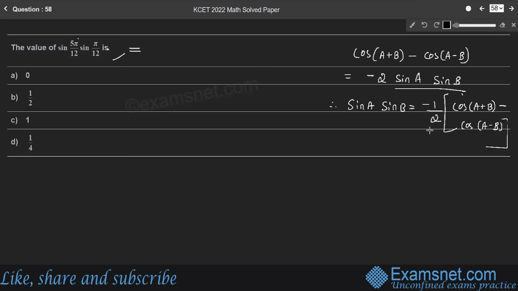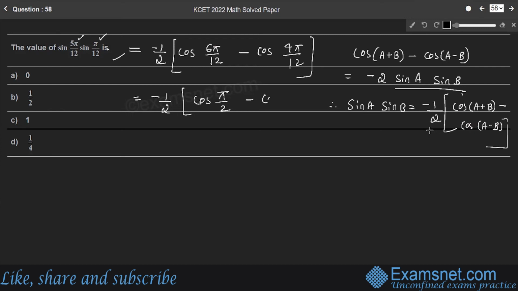Here A is 5 pi by 12 and B is pi by 12. So it is equal to minus 1 by 2 into cos of A plus B, which is 6 pi by 12, minus cos of A minus B, which is 4 pi by 12. So minus 1 by 2 into cos of pi by 2 minus cos of pi by 3.